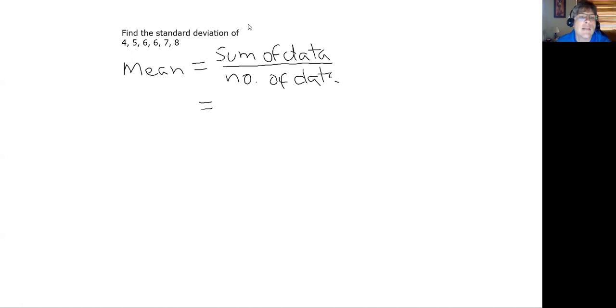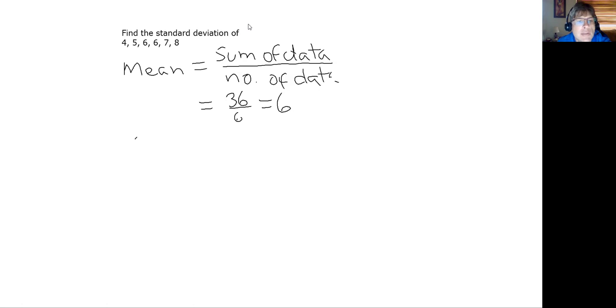And if I add these up, 4 plus 5 is 9, plus 6 is 15, plus 6 again is 21, and then we've got 15 more to add here. So the sum turns out to be 36 divided by 6 gives us 6. That's the first step of finding the standard deviation.